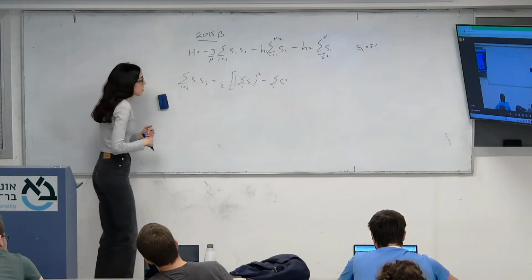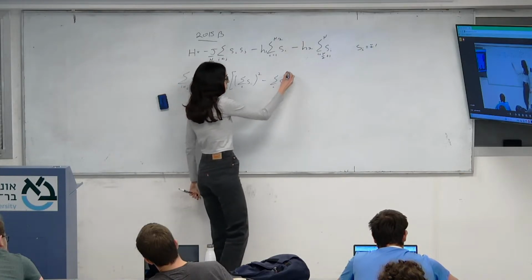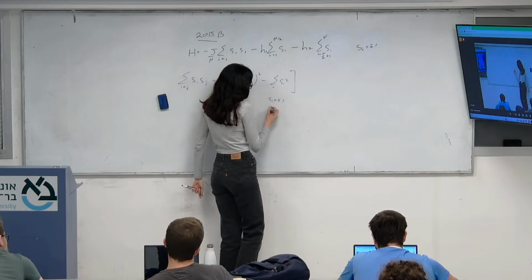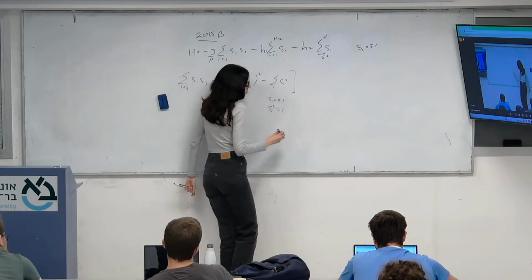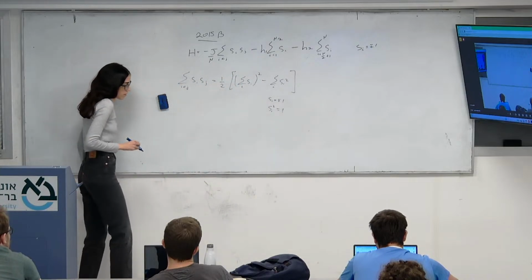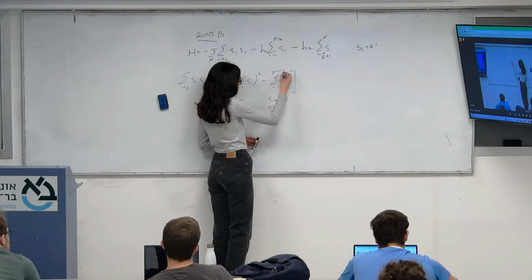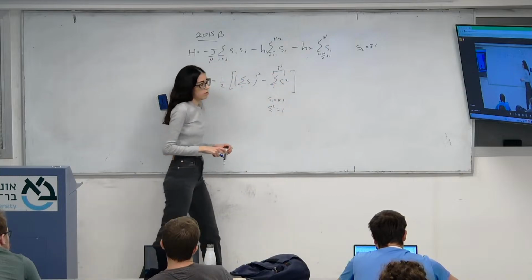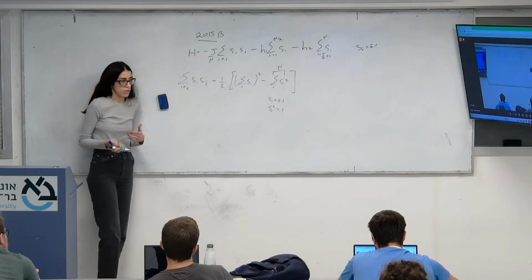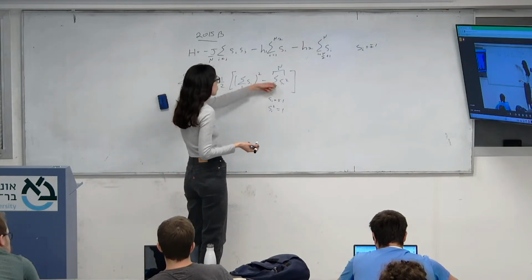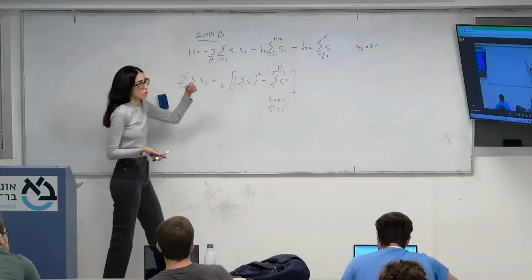So if Si is only equal to plus minus 1, then Si squared is always equal to 1. And therefore, this summation is just going to give me a constant that has nothing to do with the different states in the system. So this is just adding a constant to the Hamiltonian.